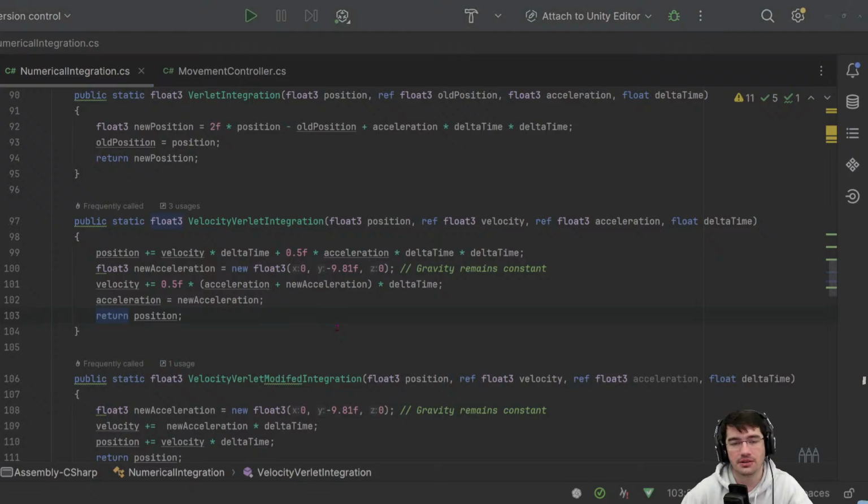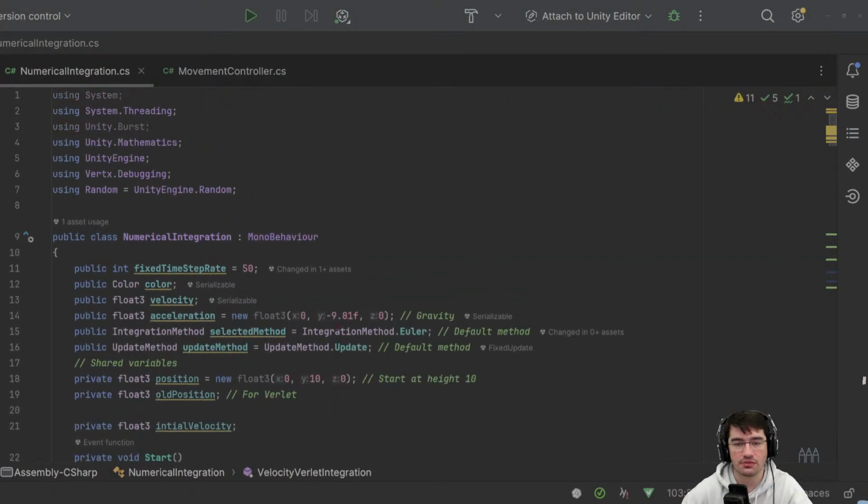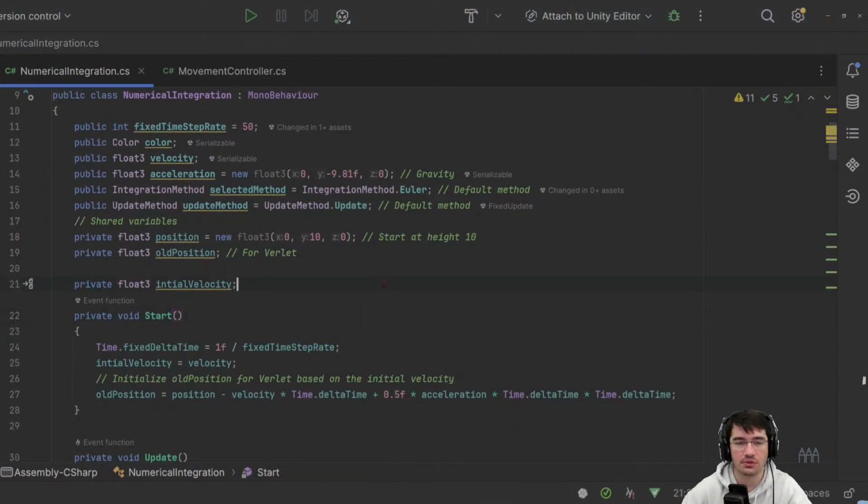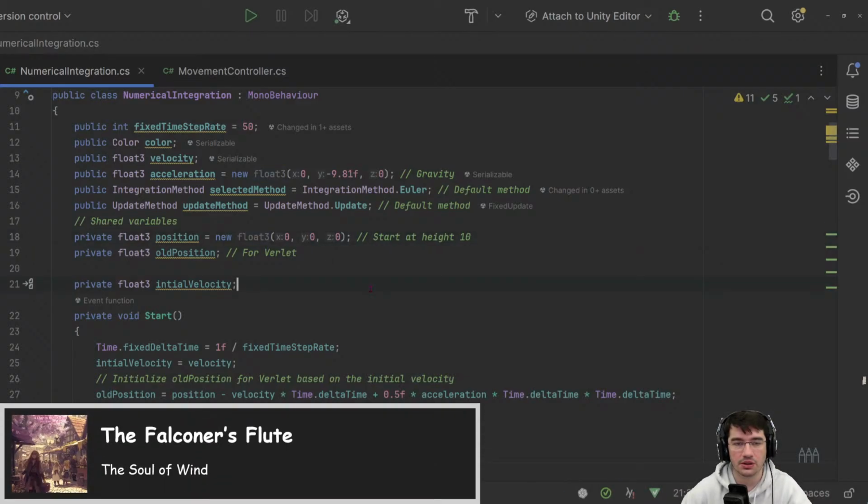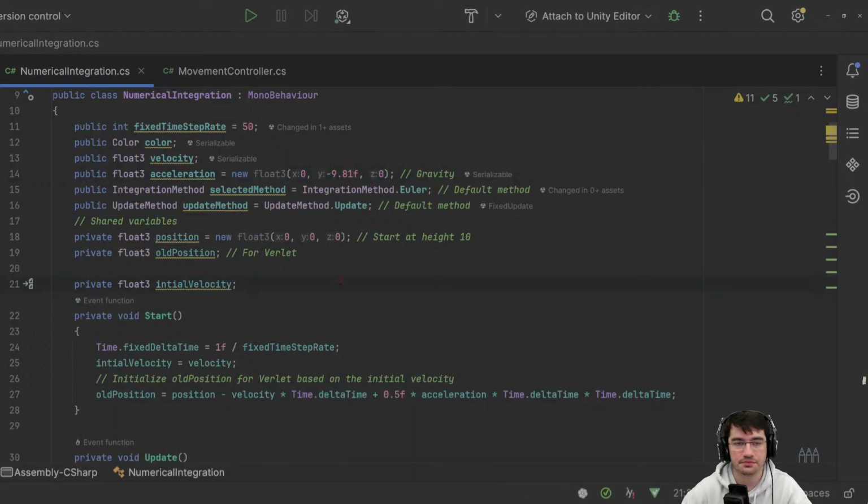So actually, let's change this stuff a bit. Let's say we are jumping. So we start at position 0. We have a constant acceleration of this value, and we have an initial velocity.